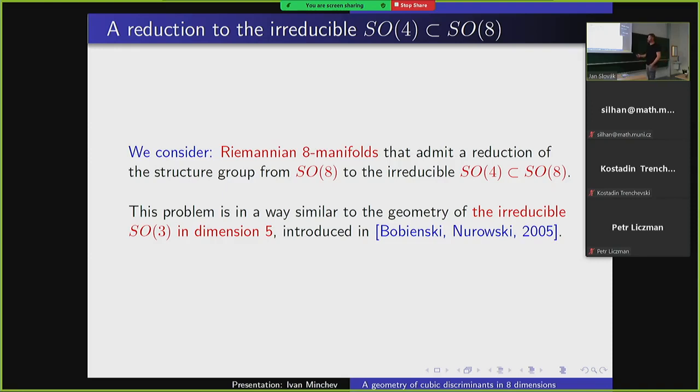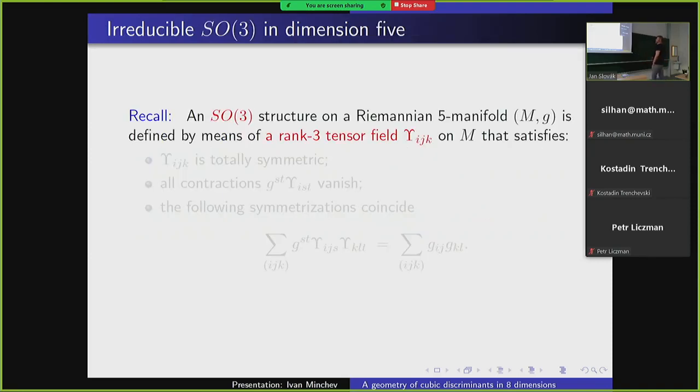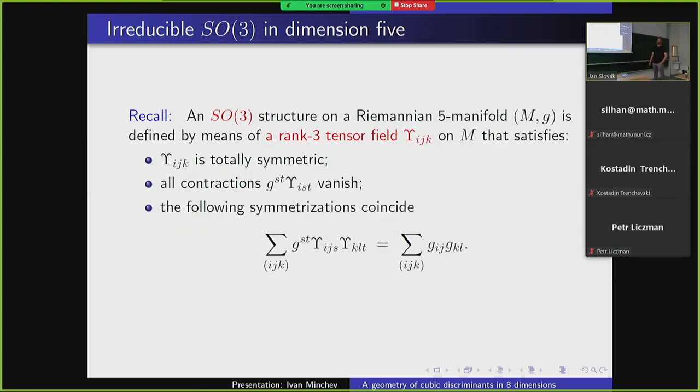Bobienski and Nurowski showed that in order to reduce the frame bundle of a Riemannian manifold to reducible SO(3) in dimension 5, one needs a totally symmetric tensor field on the manifold. The reductions are equivalent to the existence of such a tensor field that has some special properties.